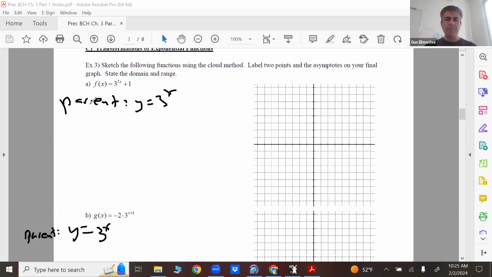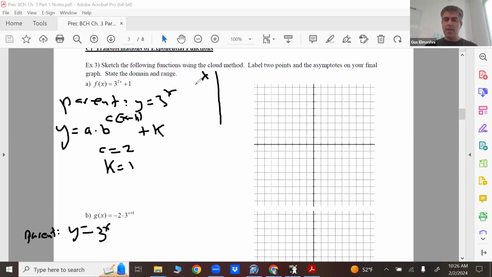Generally speaking, you think of it like this: y equals a times b to the c times (x minus h), plus k. Is there a k value here? It's 1. And there is a coefficient in front of x, it's 2.